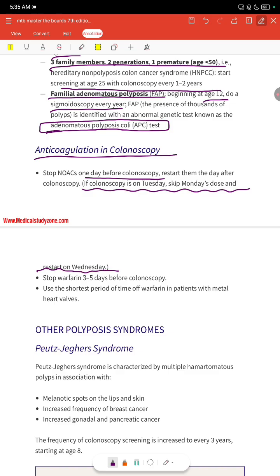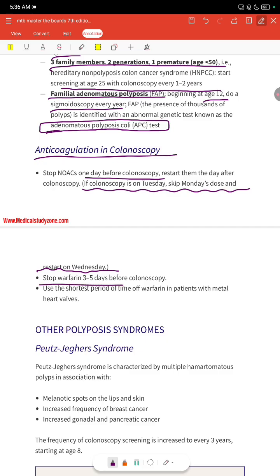This is important. So when you are about to do colonoscopy, stop the NOAC anticoagulants that you are taking 1 day before colonoscopy. Restart them the day after colonoscopy. So if colonoscopy is on Tuesday, skip Monday's dose and restart on Wednesday. Stop warfarin 3 to 5 days before colonoscopy.